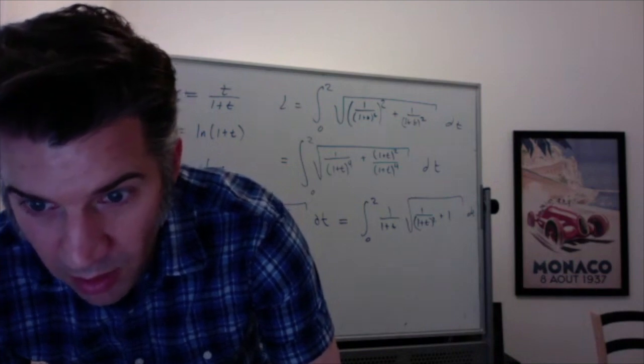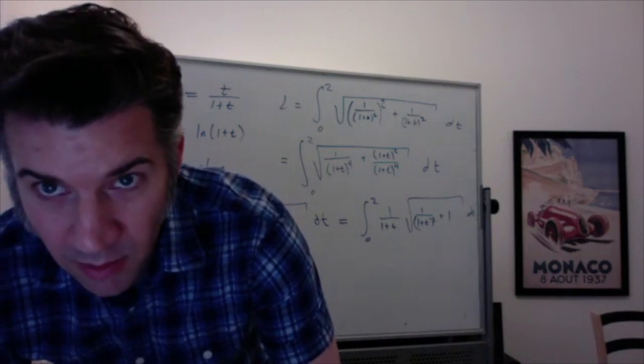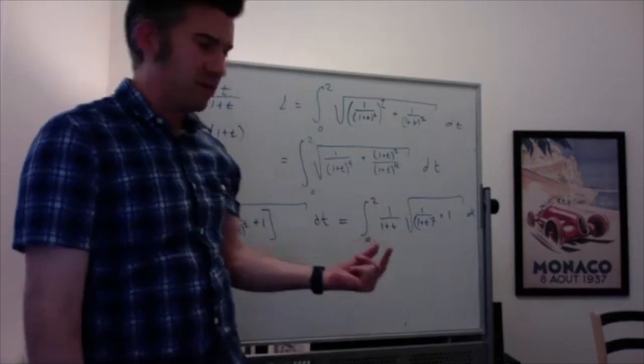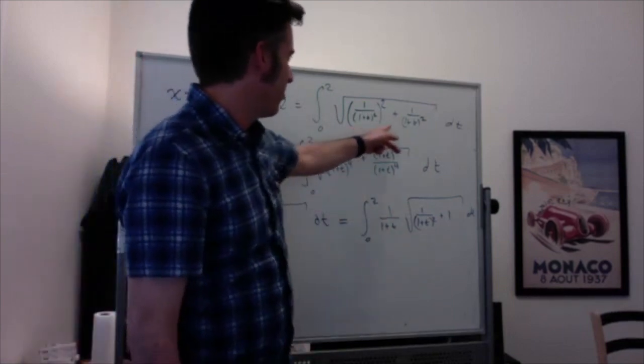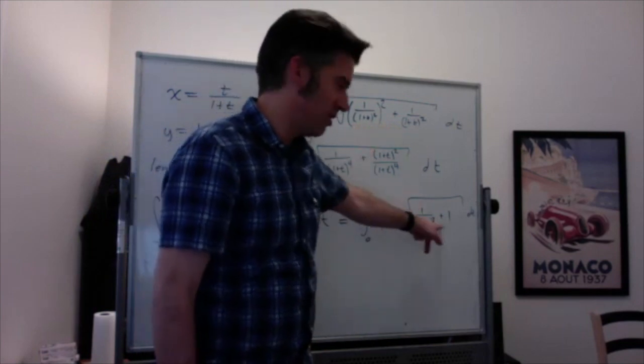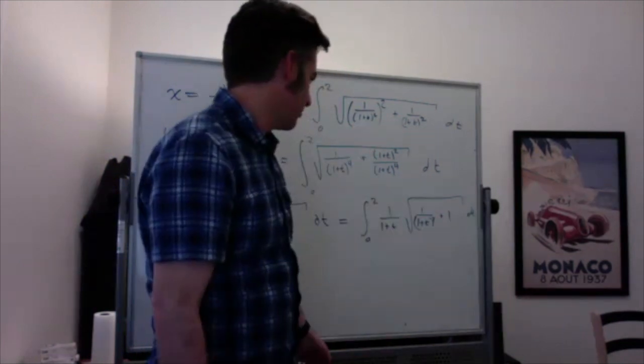Sorry. Let's take a look here. Yeah, the problem with the method from before is I want something squared plus 1, and I don't really have something squared plus 1 here, whereas there I kind of had something squared plus 1.